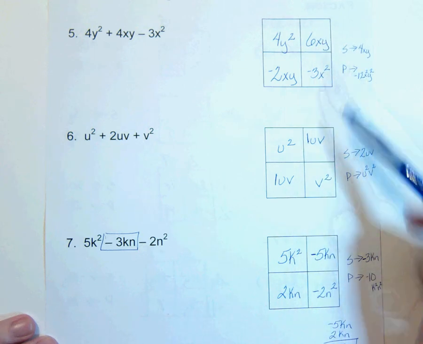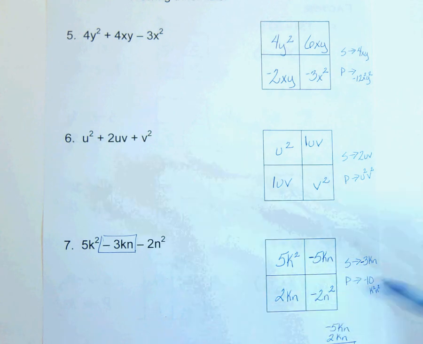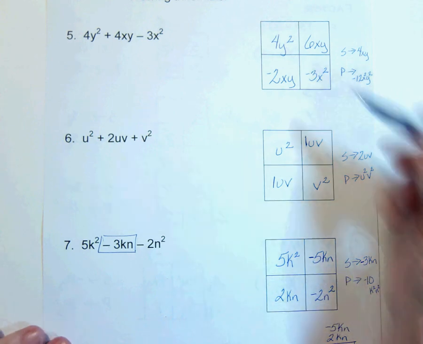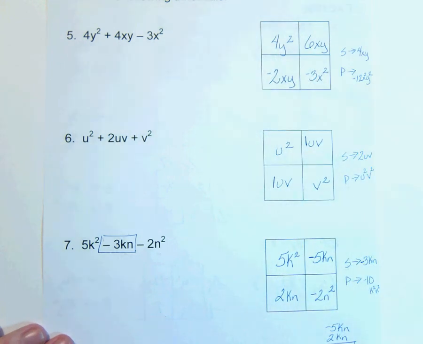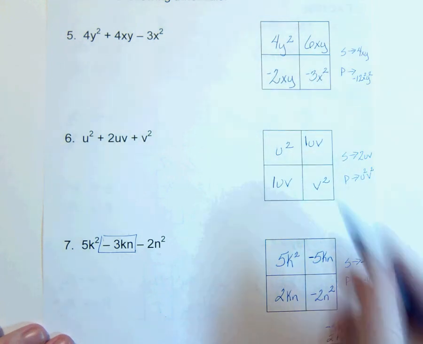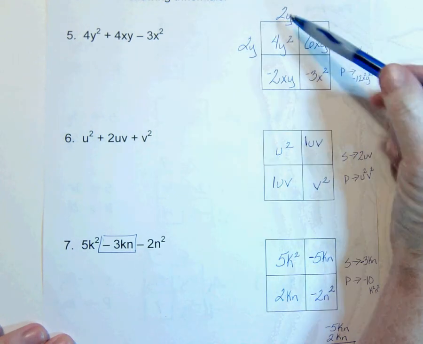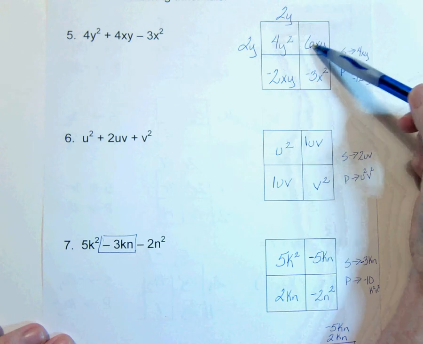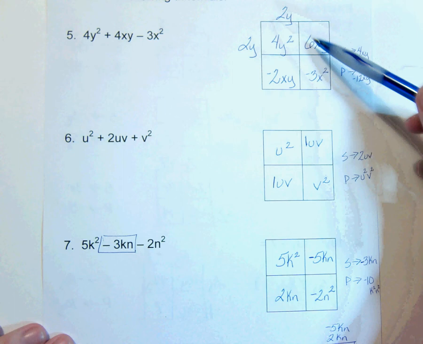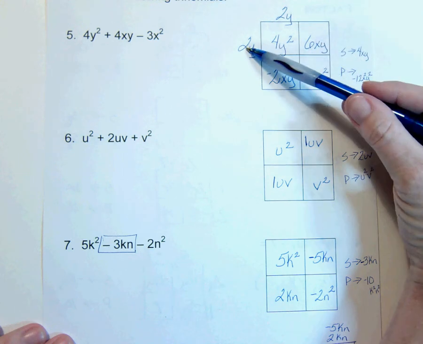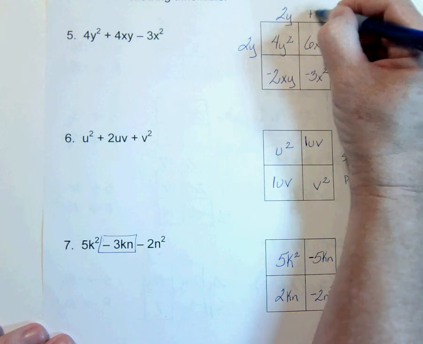So now we're ready to, I went ahead and did all three of these, but you do need to go back and break it down into its expanded form, making sure you put the numbers in the right place. Look at the first one again. I can put a 2y and a 2y, and the reason I chose 2 instead of a 4 is there's nothing I can multiply by out here if one of these was a 4 to get 6, but I can multiply something by 2 to get 6, and that would be a positive 3.